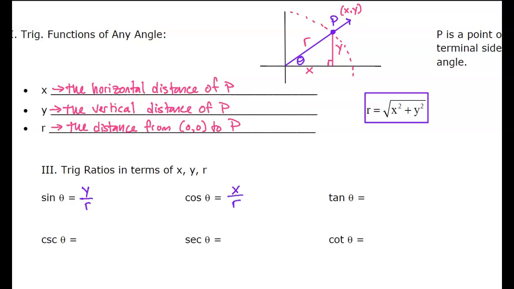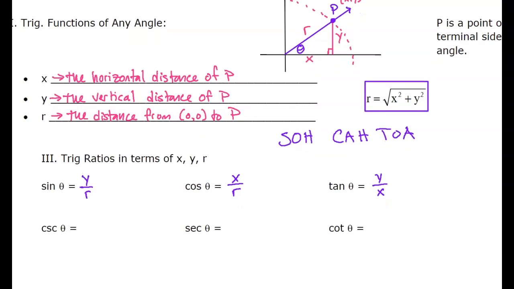What about tangent? Yes. And if you're still confused how we're knowing these, remember the acronym SOHCAHTOA tells you exactly where to put values in the trig ratio.